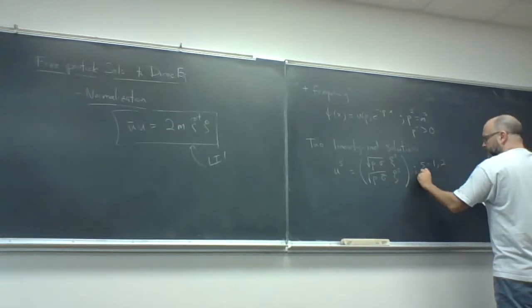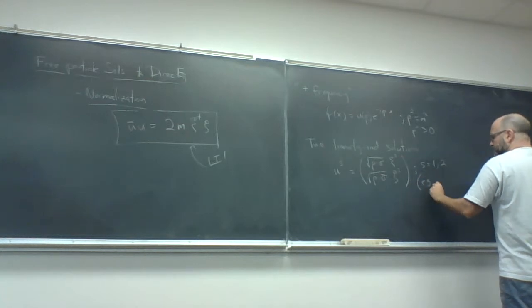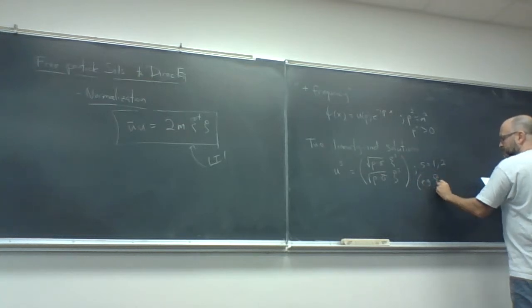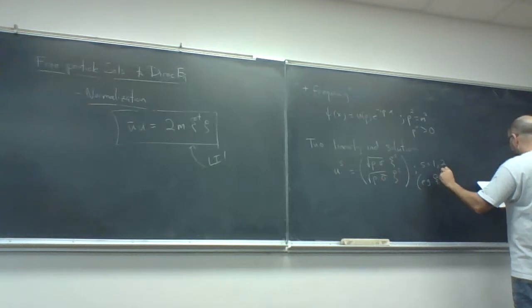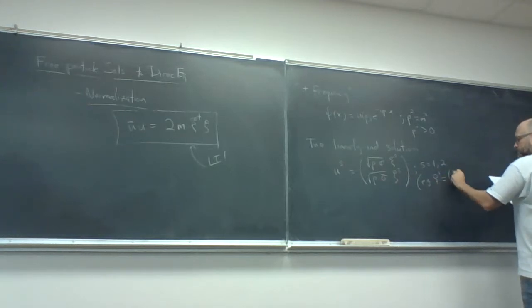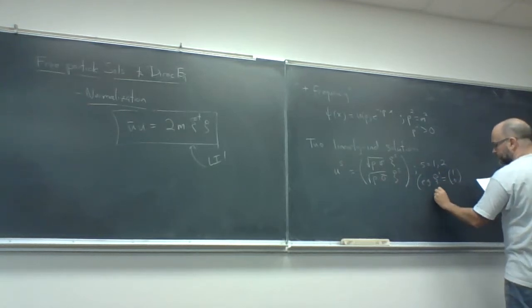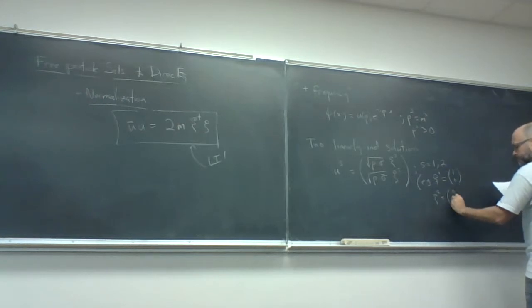For example, typically we work in the z basis, right? And so xi^1 will be spin up, and say xi^2 will be spin down.